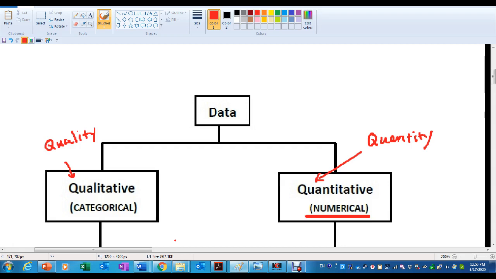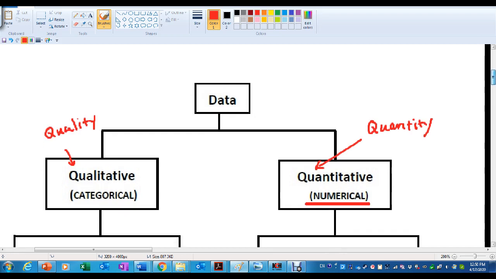Quality can't be registered as numbers, but quantity can. So you can think of it this way: if data can be represented by numbers, then we call it quantitative or numerical data. Otherwise, we call it qualitative or categorical data. That's the first part of it.